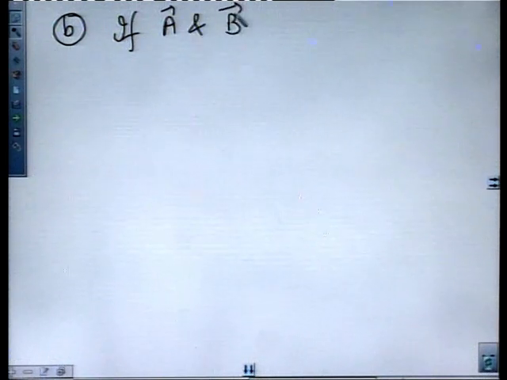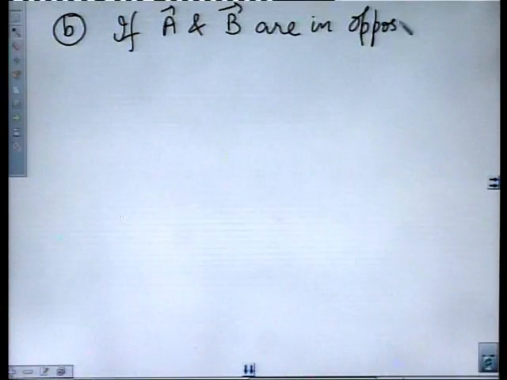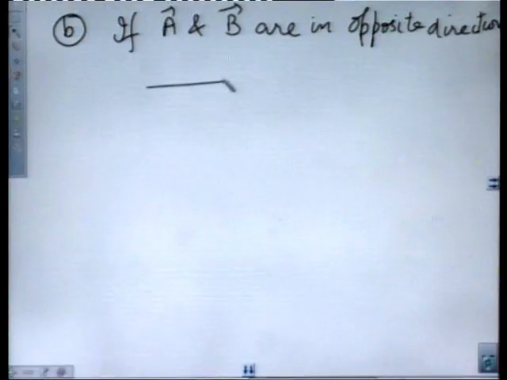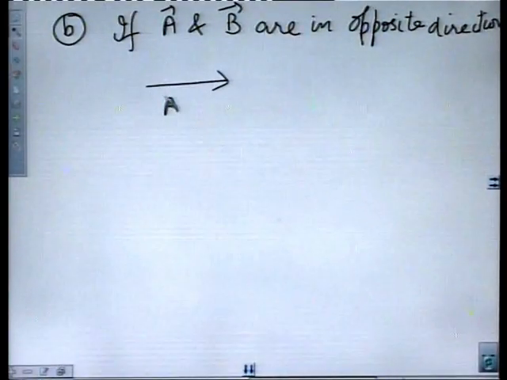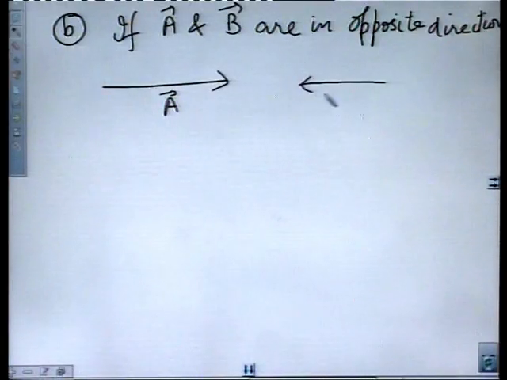If A vector and B vector are in opposite direction, let us suppose the A vector is along this direction and B vector is opposite to the A vector.